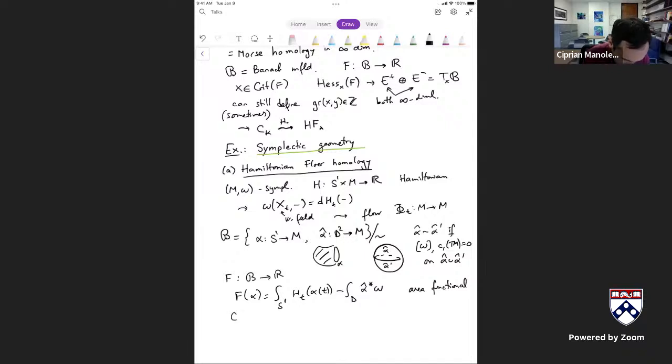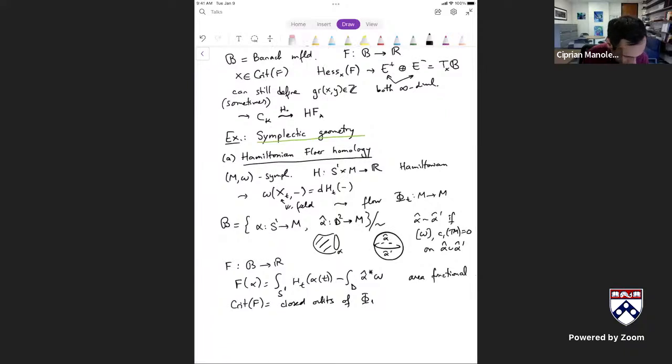And the critical points are the closed orbits of pi1, and the flow lines are pseudo-holomorphic cylinders in M.